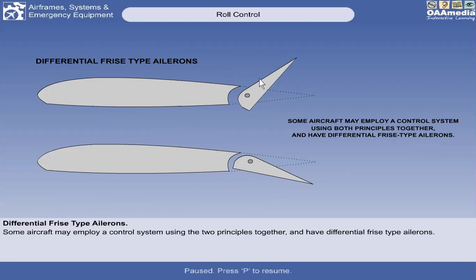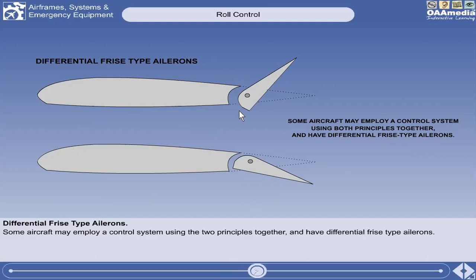So, as you can see here, mas mataas yung deflection, no? And also, mas protruded yung leading edge portion ng aileron natin doon sa lower surface ng pakpak that is intended to increase the drag. Not only does the upgoing aileron travel further than the downgoing one, the leading edge of the upgoing aileron also extends into the airflow.